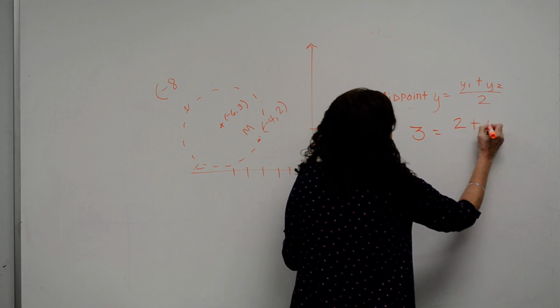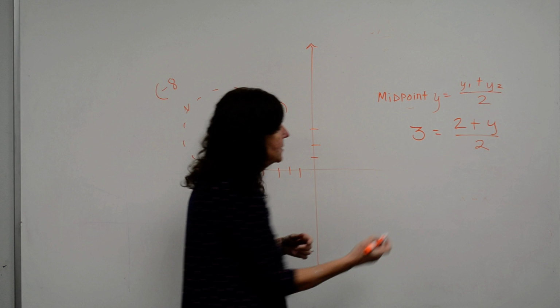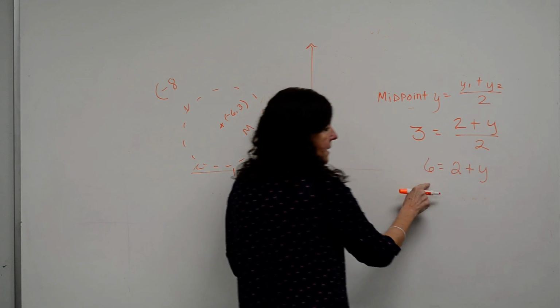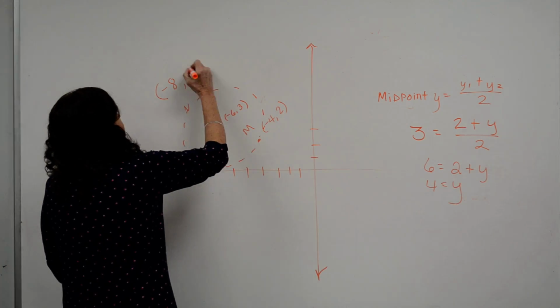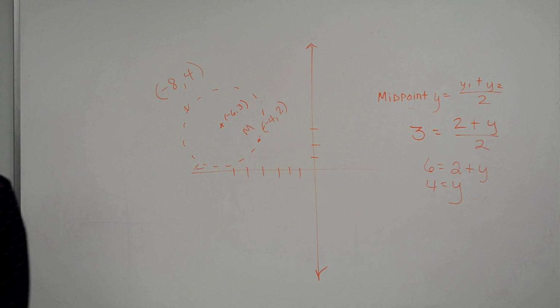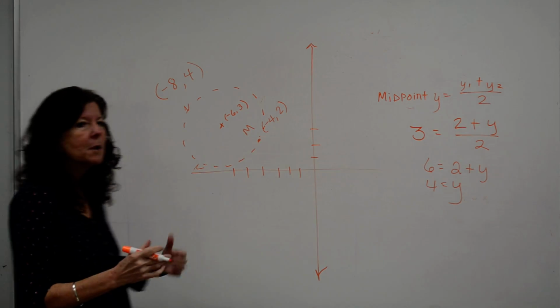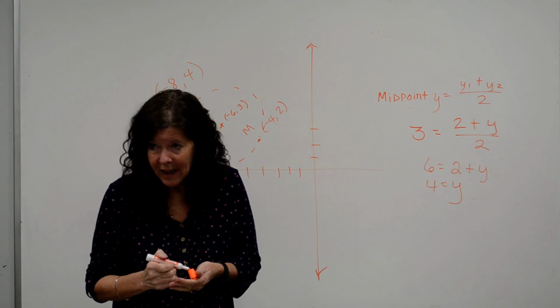So 2 plus y over 2. Again, I'm going to multiply both sides by 2. So I have 6 is equal to 2 plus y. I'm going to subtract the 2. So I have y is equal to 4. That's the value of n. Okay? It's really not complicated, but you have to be able to apply it. Okay? We good on that?